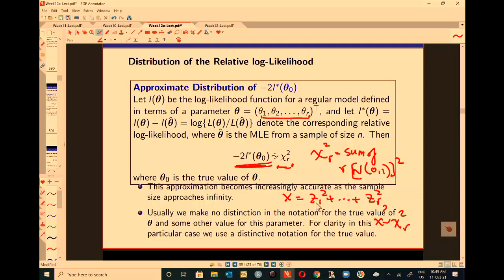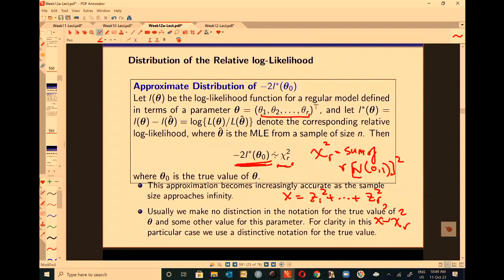Now the condition of course is the z's are independent. So chi squared comes from summing r independent normal 0,1s squared. And that's why things like, for example, the sample variance come from this idea of the sum of xi minus x bar squared.